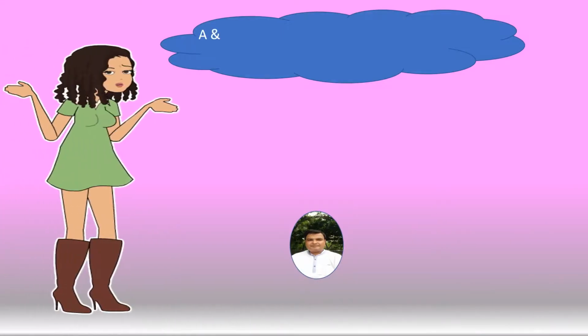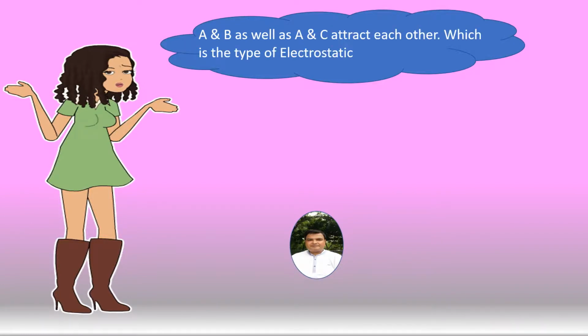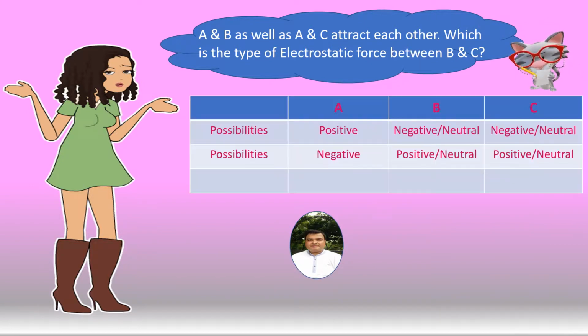Next question. A and B as well as A and C attract each other. What is the type of electrostatic force between B and C? Look into the problem like this cat is.